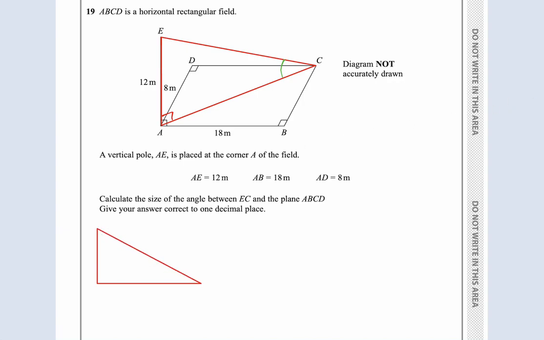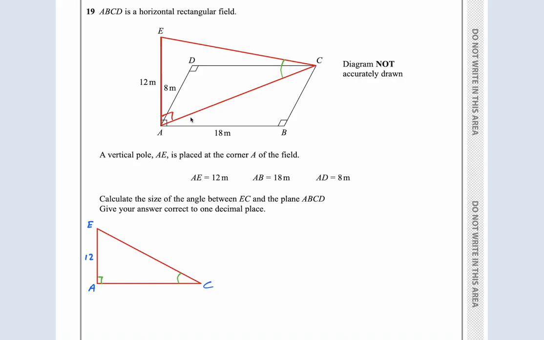Okay, so this is E, this is A, and this is C. And we're trying to get the angle ECA. This is a right angle here, and this length I know is 12 because that's the height. What I don't know is either of the other lengths.